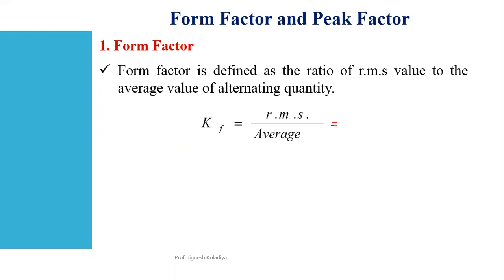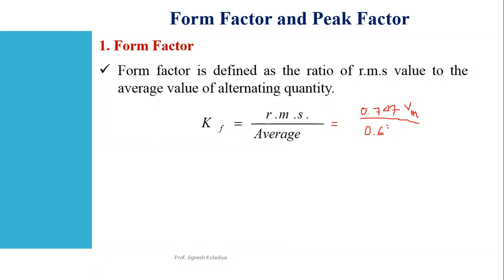Suppose the quantity is voltage, then RMS value of voltage is 0.707 into Vm, the maximum value, divided by the average value 0.637 into Vm.